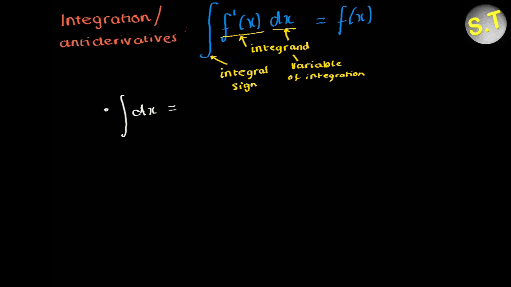So the integral of dx simply says the integral of 1 with respect to x, which for now I'll just tell you is equal to x, plus always our constant of integration. So this constant of integration represents every possible antiderivative value, and the reason for it being there is because the derivative of any constant is 0. So if we integrate indefinitely, we need to add the constant for it to be correct.